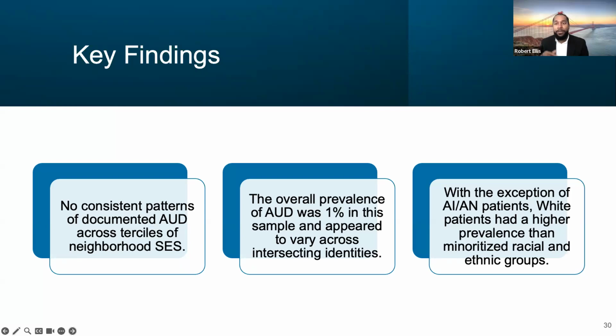However, our study reflected what happens at the national level in terms of white patients having a higher prevalence than, say, Black patients. However, again, overall the prevalence was still very low, contrasting to both the VA as well as the national survey.